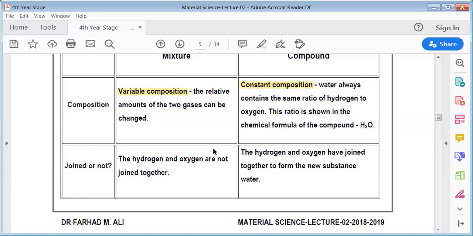So we have hydrogen gas separated from oxygen gas. In a compound, the hydrogen and oxygen, for example in water, have joined together to form a new substance, which is not hydrogen and which is not oxygen. It's different from oxygen and hydrogen. So that's the difference.